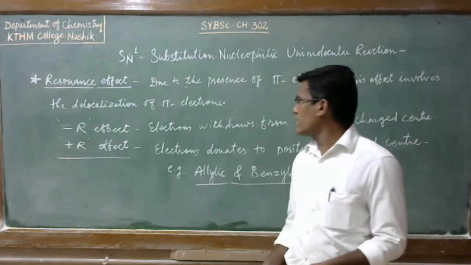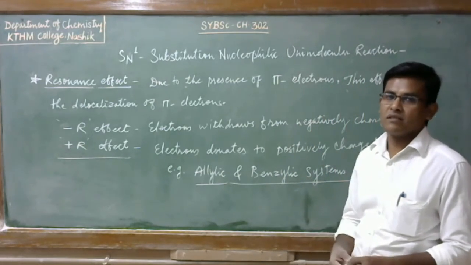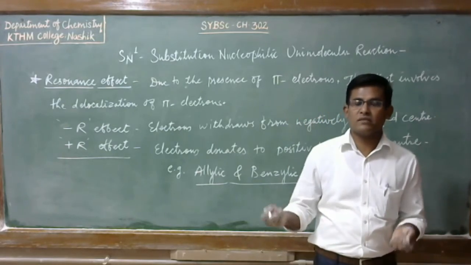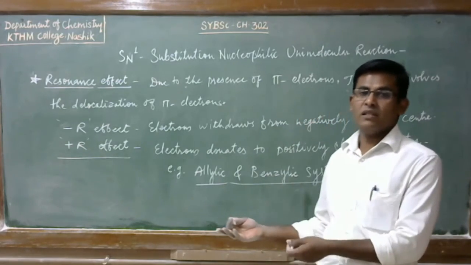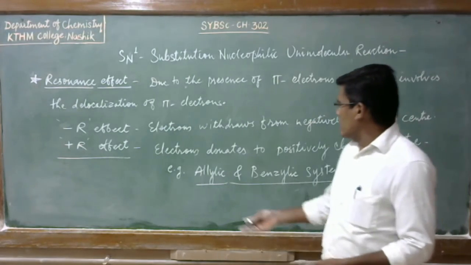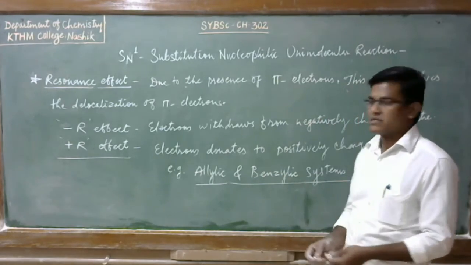In minus R effect, electrons withdraw from the negatively charged center. And plus R effect, electrons donate to the positively charged center. Alright. So we will see this allylic and benzylic system.